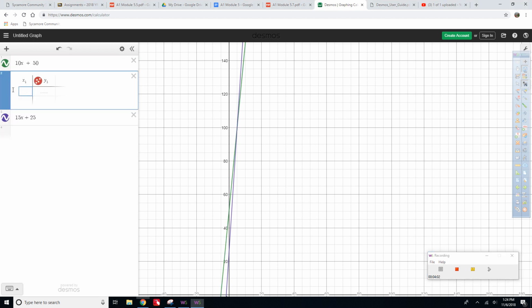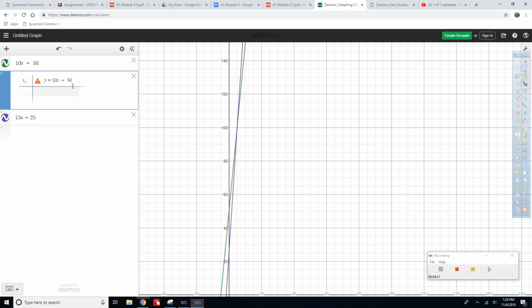What if, I think what we do here is for y1, we put in that equation. Uh-oh. Okay? And then I think we want y equals.